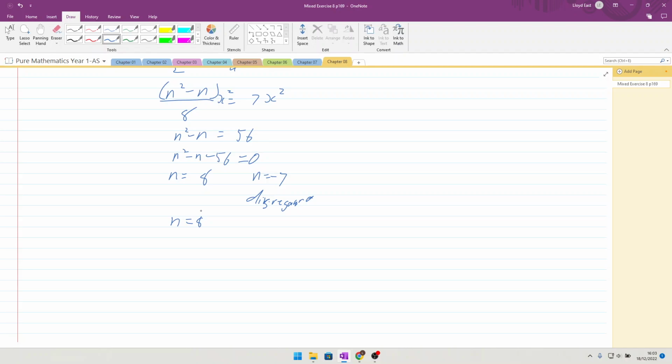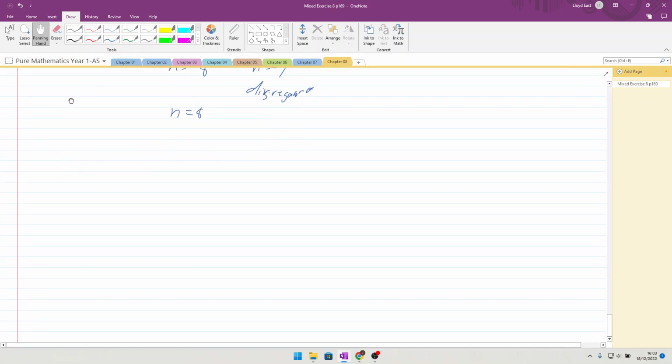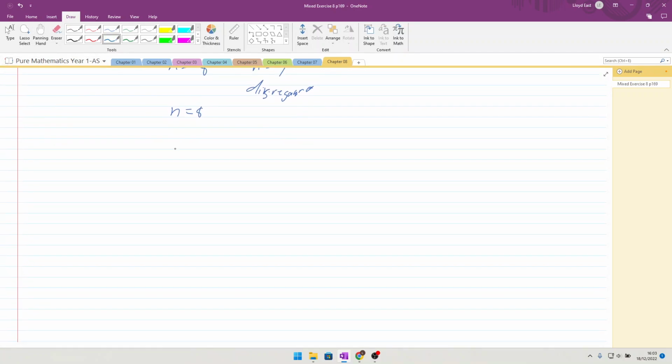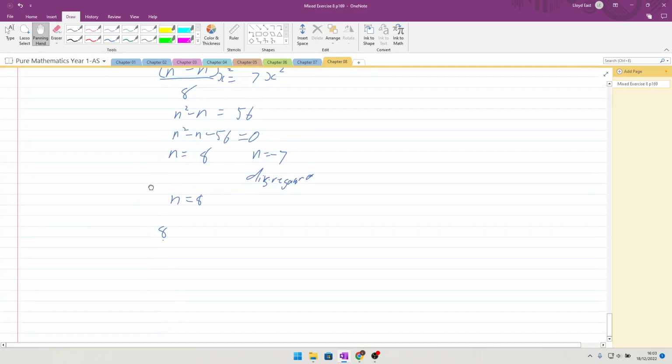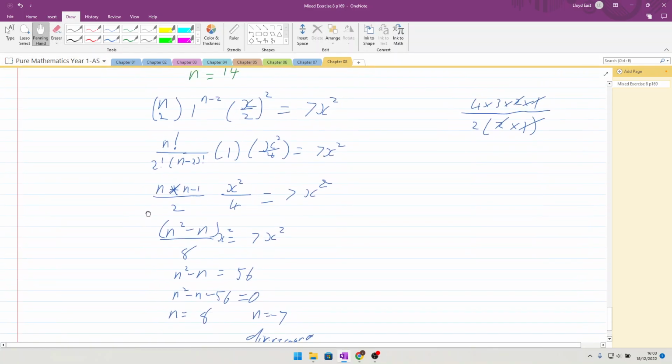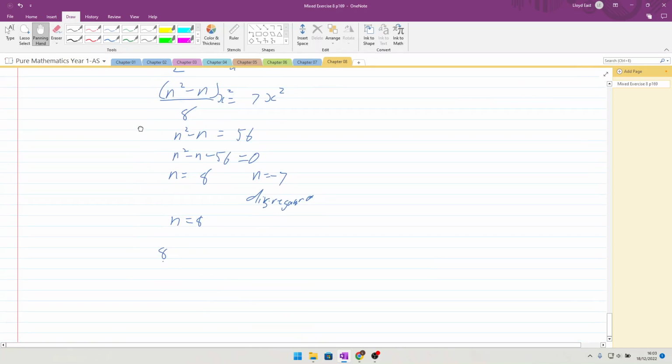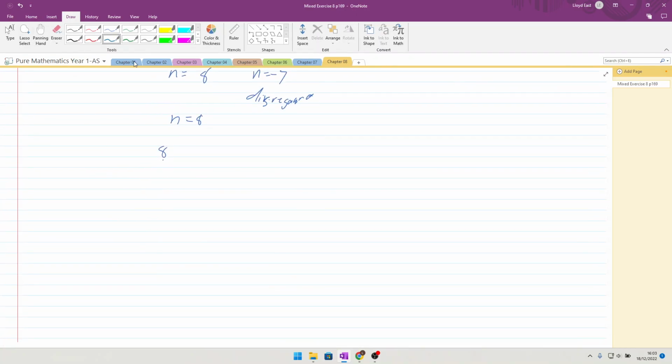Find the value of n found in part A. Find the coefficient of x to the power 4. So the fact that we've got 8, the power on the bracket is always 1 less, so 8C4.